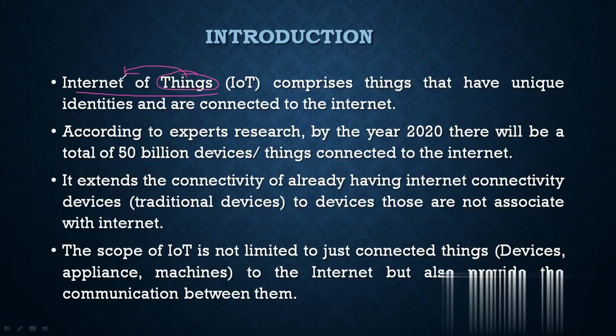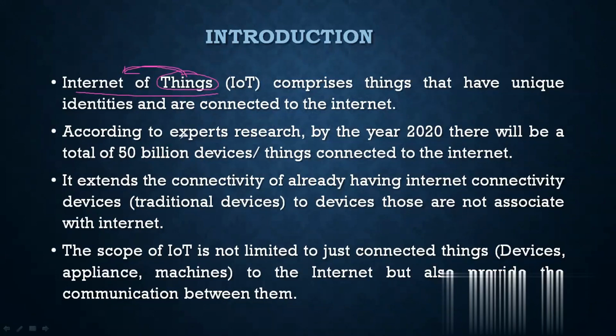So in that large network, to identify these things, all of these things have unique identities. This is very important. Internet of Things comprises the things, these things are connected with the internet, and also these things have their own unique identities to identify the things in the network.